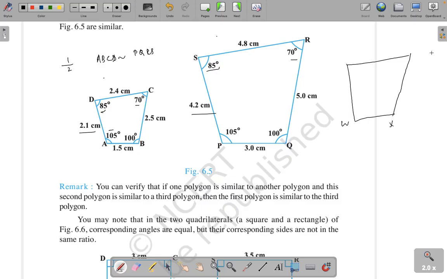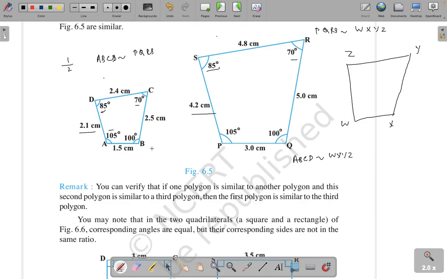Remember the sides should be in order. If I am writing ABCD, then it is PQRS. And then the second thing is PQRS is similar to, this is the symbol for similarity, WXYZ. Can we say ABCD is similar to WXYZ?